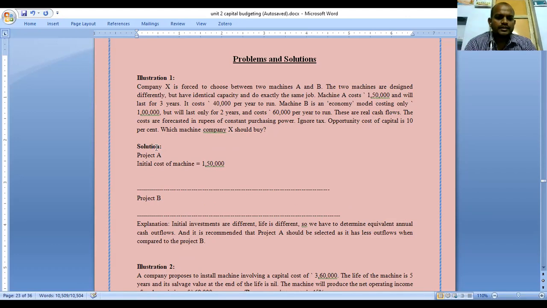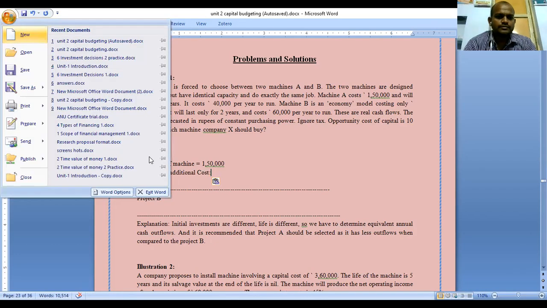These costs are incurred during the life of the mission: at the end of the first year 40,000, at the end of the second year 40,000 again, and at the end of the third year 40,000. So we have to convert these 40,000 into present values by using the present value factor. Add present value of additional cost.